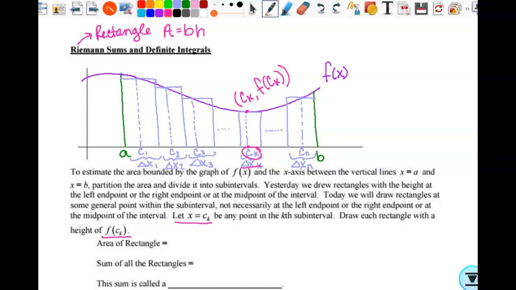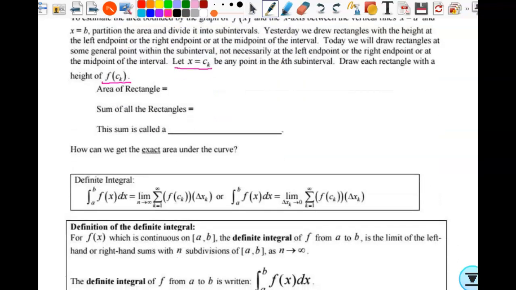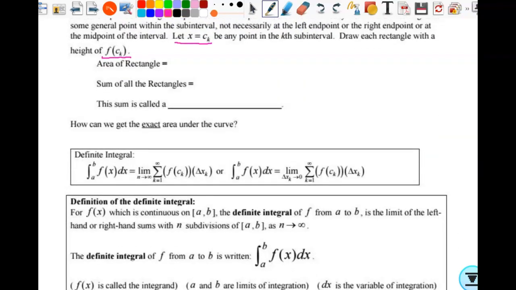It doesn't matter. So your area of a rectangle is going to be f of c sub k, that just means your y value, times your change in x, delta x sub k.